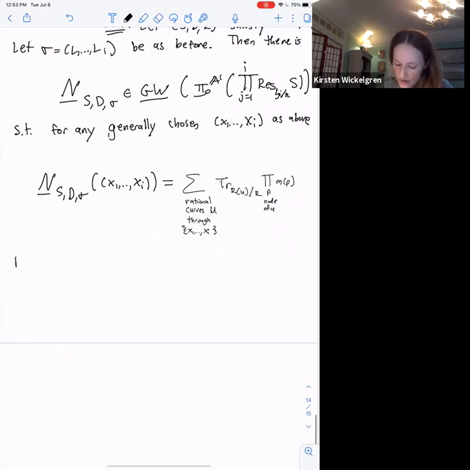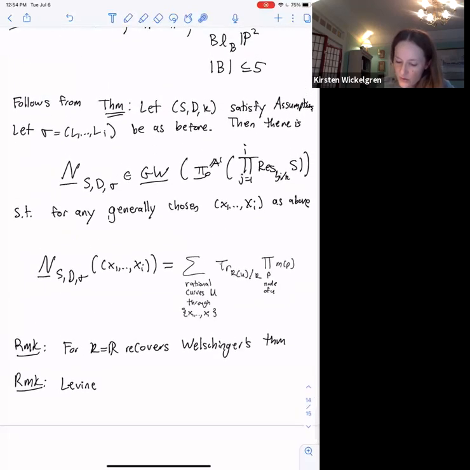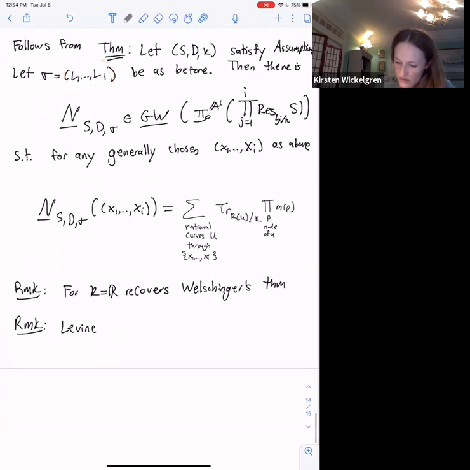For k equals R, this recovers Welschinger's theorem by taking the signature of both sides. Marc Levine showed that we had invariance just on these field extensions when the degree of the L_j over k was less than or equal to 3.